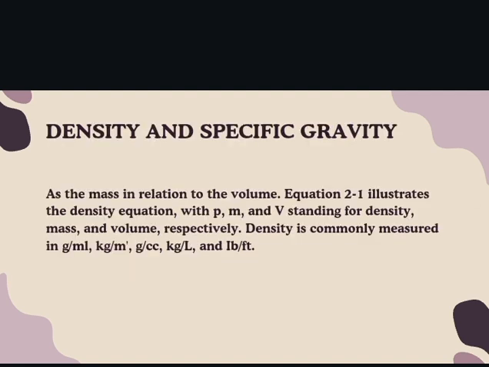Density and specific gravity: the mass in relation to the volume. Equation 2-1 illustrates the density equation with ρ, m, and V standing for density, mass, and volume respectively. Density is commonly measured in gram per milliliter, kilogram per cubic meter, gram per cc, kilogram per liter, and pound per cubic feet.